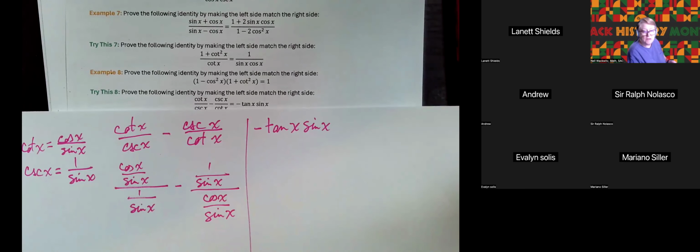And what do you notice about the two complex fractions? What are the little denominators or the inside denominators? They're all sine. So what can we multiply numerator and denominator of both fractions by? Sine. Good.